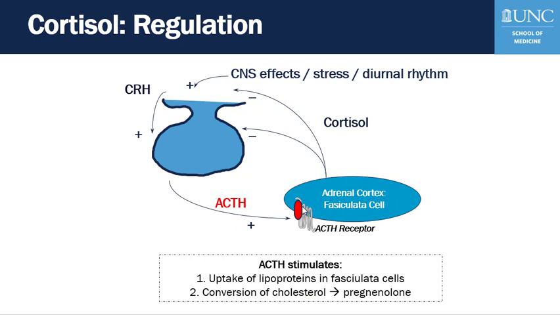And ACTH has several specific actions, including stimulation of uptake of lipoprotein in fasciculata cells to serve as a substrate for making cortisol. And it also stimulates this rate-limiting step in the production of cortisol, the conversion of cholesterol to pregnenolone. Once cortisol is produced, it exerts negative feedback effects on both CRH and ACTH.